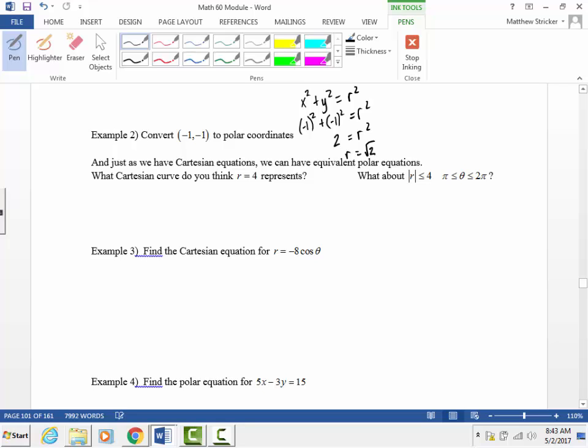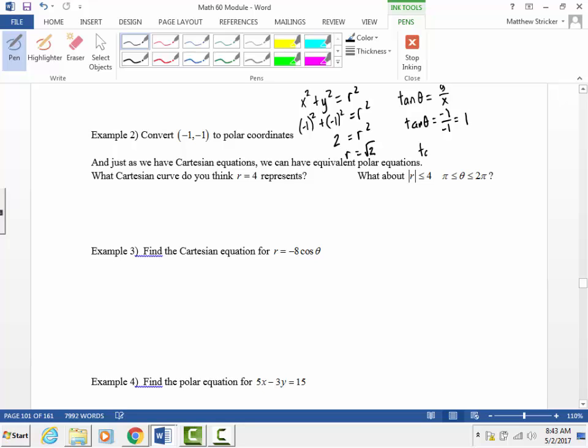Actually, plus or minus square root 2, but typically we're just going to take the positive one. Okay, and then on the opposite side, we know that we have that other formula, the tangent of theta is equal to y over x. So tangent theta is equal to -1 over -1, which is +1.